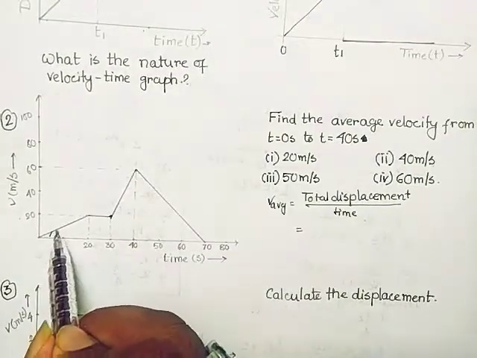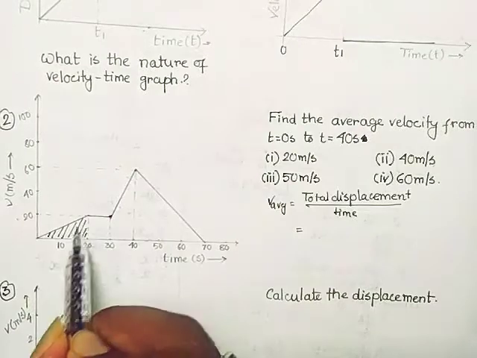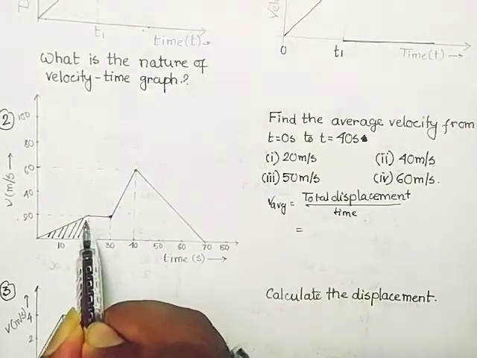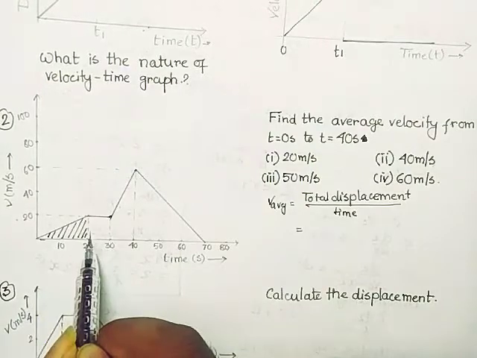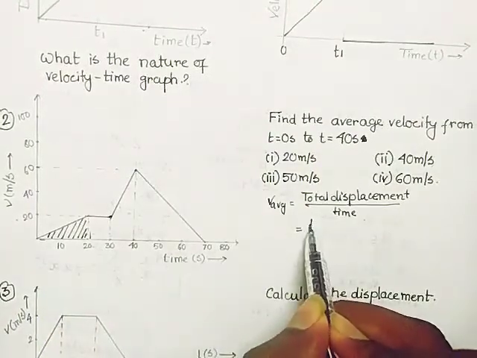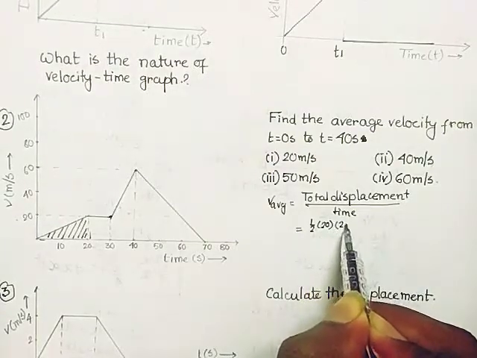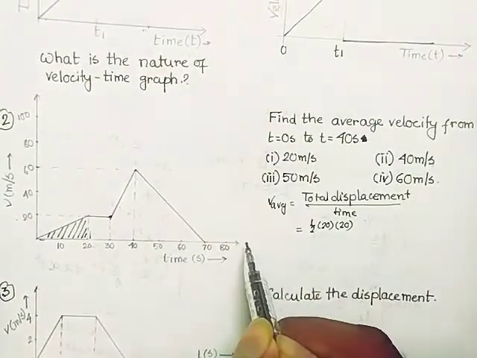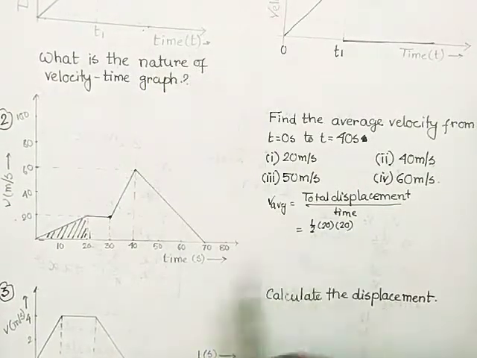So if I want to calculate this area, it is a triangle. Its height is 20 and its base is 20. I am applying the area of a triangle, half into base into height.